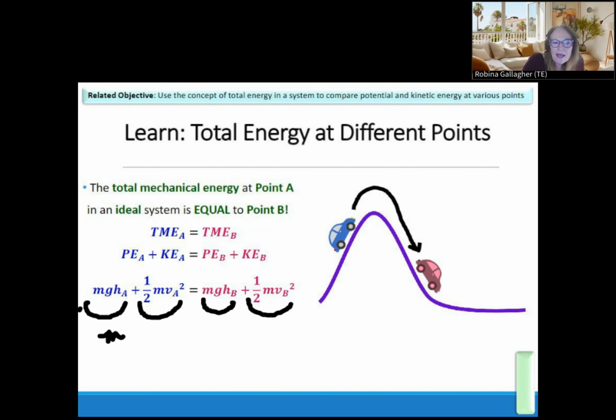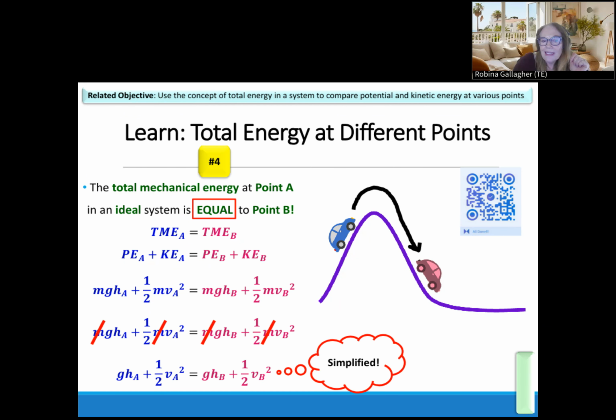Do you see mass right there and right there, right there, and right there? Yes, exactly. And if you have the same variable in every single term, then one of the rules in algebra says I can cancel those out. And it's going to make my equation just a little bit easier.